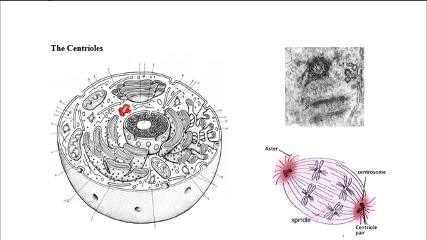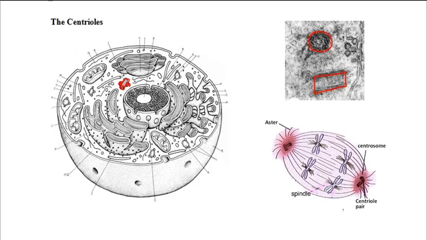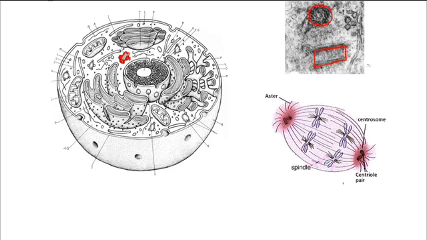What we see here is an electron micrograph, viewing one of them end on, and this is viewing one of them sideways, because as I said, they're perpendicular. In cells that are dividing, you will have two sets of centrioles, one on each end, that help pull the chromosomes apart. They have a very recognizable structure.